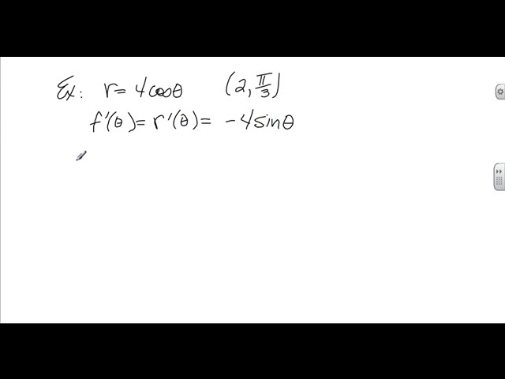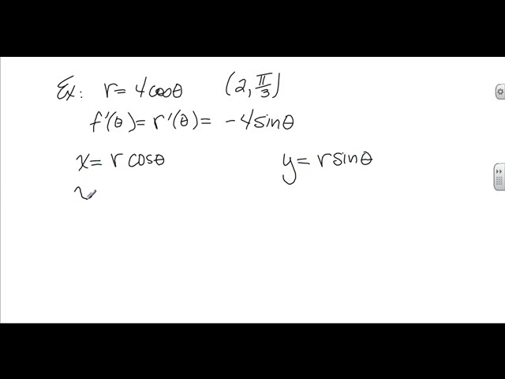If we're thinking about writing parametric equations, we need an x equation and a y equation. x is going to be r times cosine of theta. y is going to be r times sine of theta.